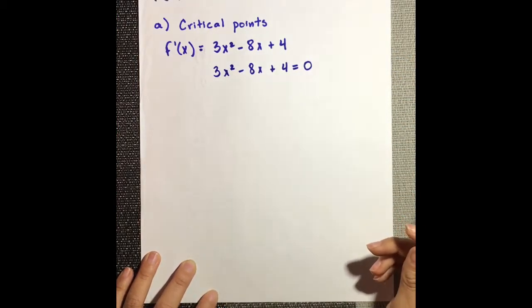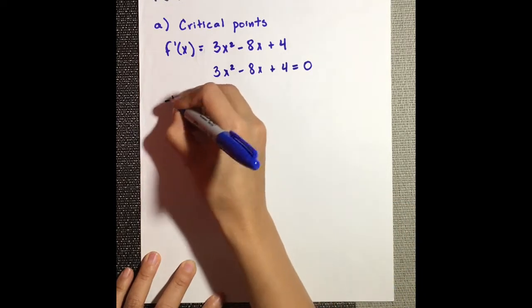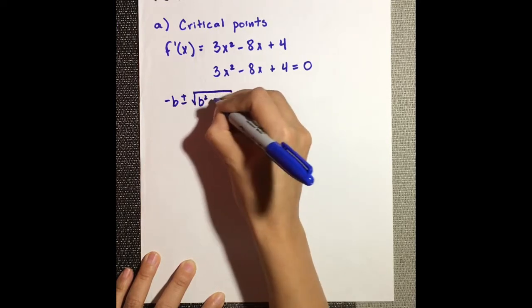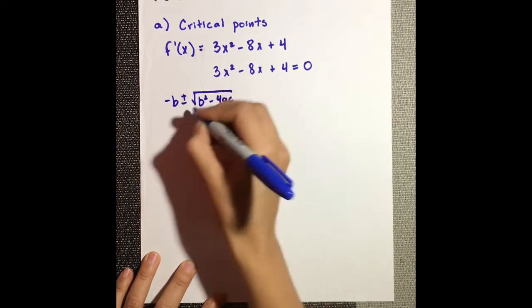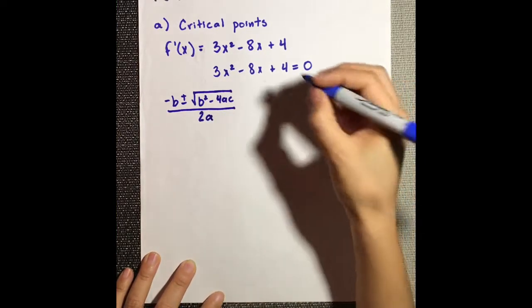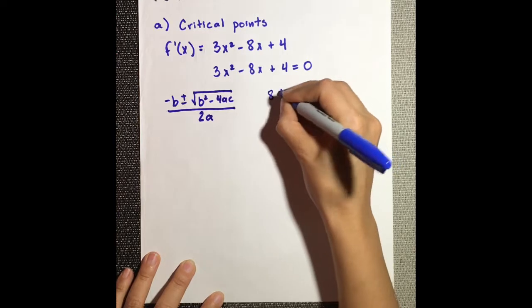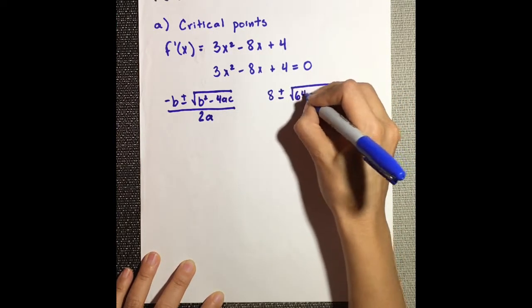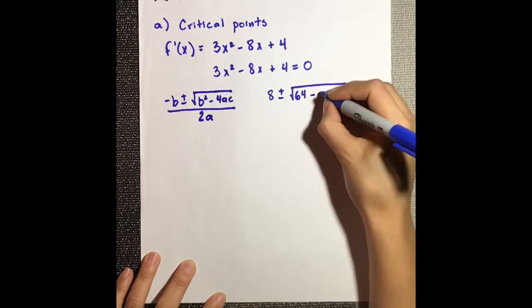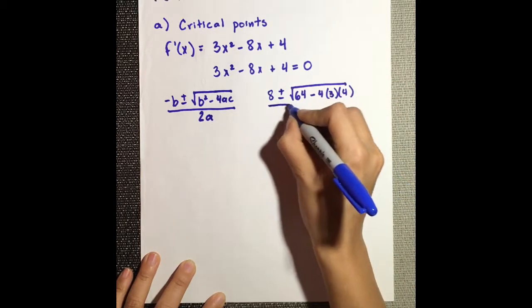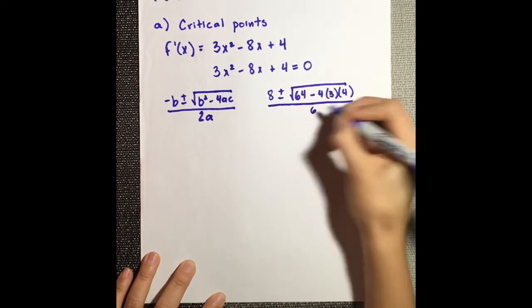Now the easiest way to do this in this case is with our general formula. So minus b plus minus the square root of b squared minus 4ac over 2a. So I'm just going to go ahead and substitute that. So I'm going to get 8 plus minus the square root of, in this case, 64 minus 4 times 3 times 4, divided by 6.